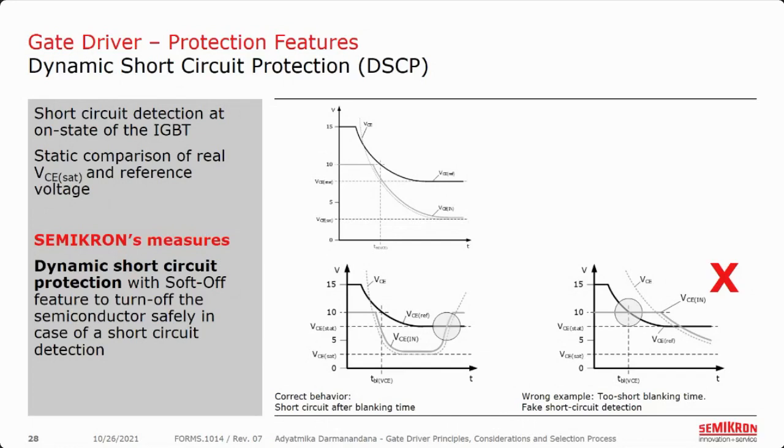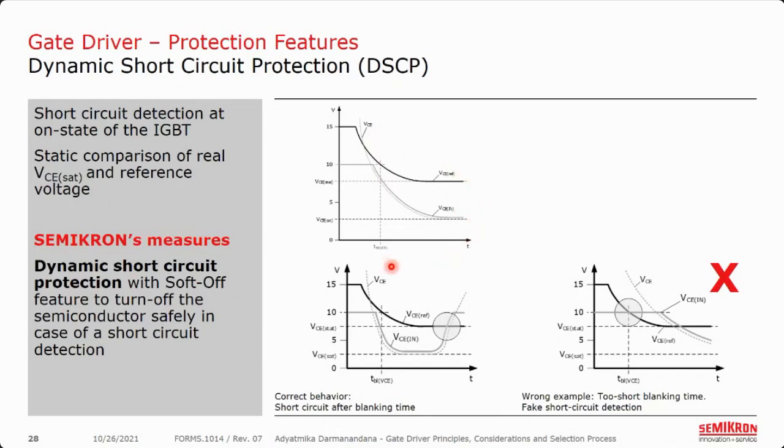Semikron's drivers offer the so-called dynamic short circuit protection, or DSCP, that can detect a short circuit even before the VCE reaches the on-state value, the VCE set. If you see the first diagram, the VCE, the dotted line, is the real VCE, and it is reflected and compared with the VCE ref in the form of VCE in.